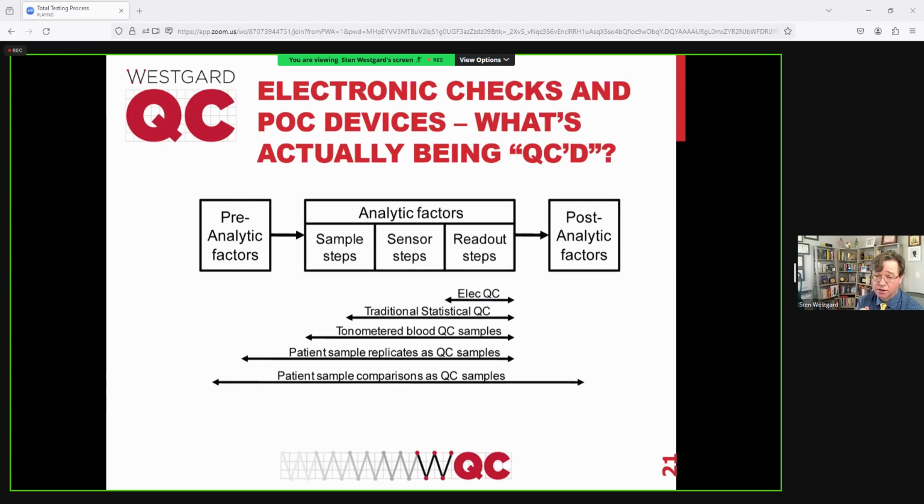Traditional statistical QC covers much more. It's going to cover the sample steps, the sensor steps, and the readout. If you go even further and use tonometered blood, that'll cover even more of the sampling. Using pooled patient samples as your QC samples will start to go into the pre-analytical factors, because now you essentially have a patient sample that happens to be a QC.